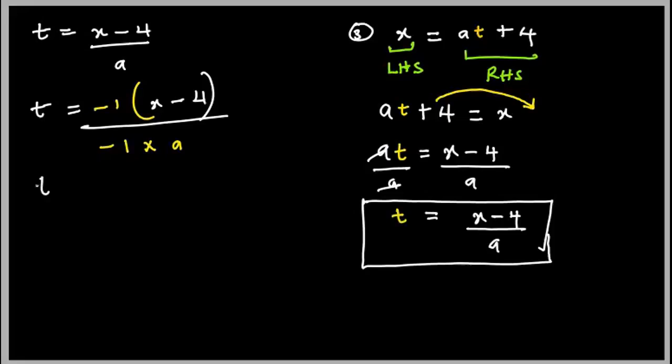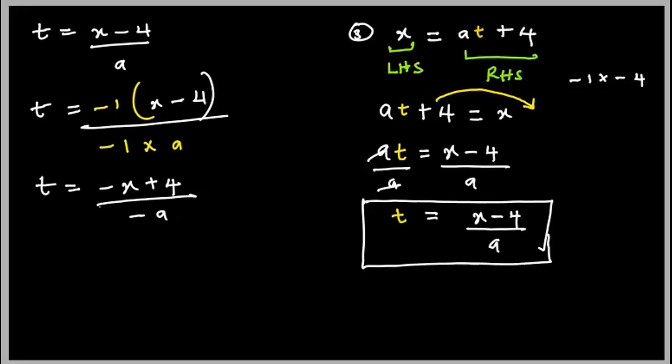So we have T equals minus 1 times X, which is minus X. Minus 1 times minus 4, and minus times minus is plus, so we have plus 1 times 4, which is just 4. All over minus 1 times A, which is minus A. So I can have this also as an answer.